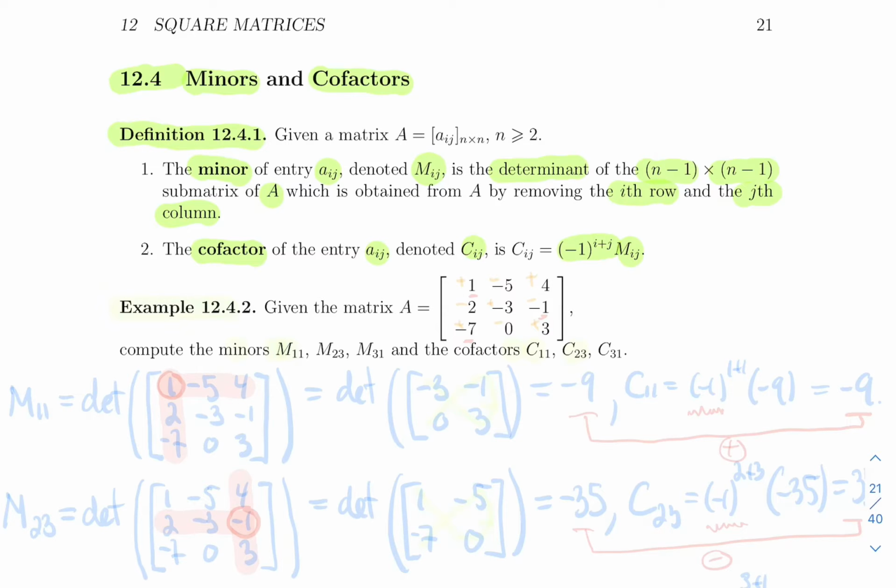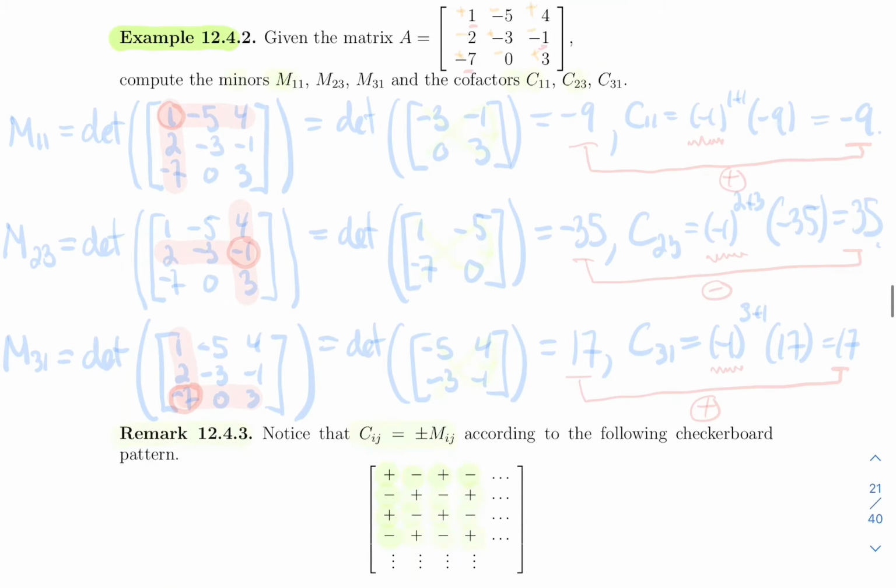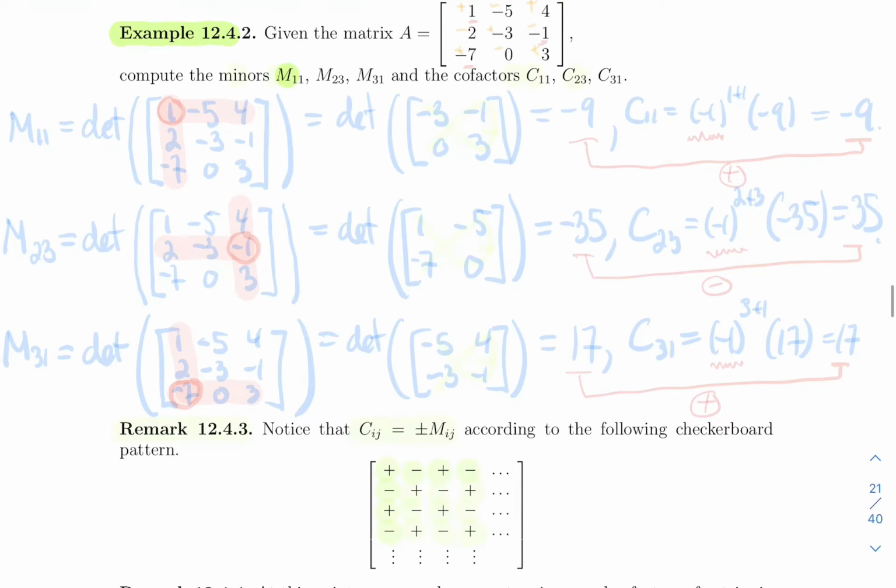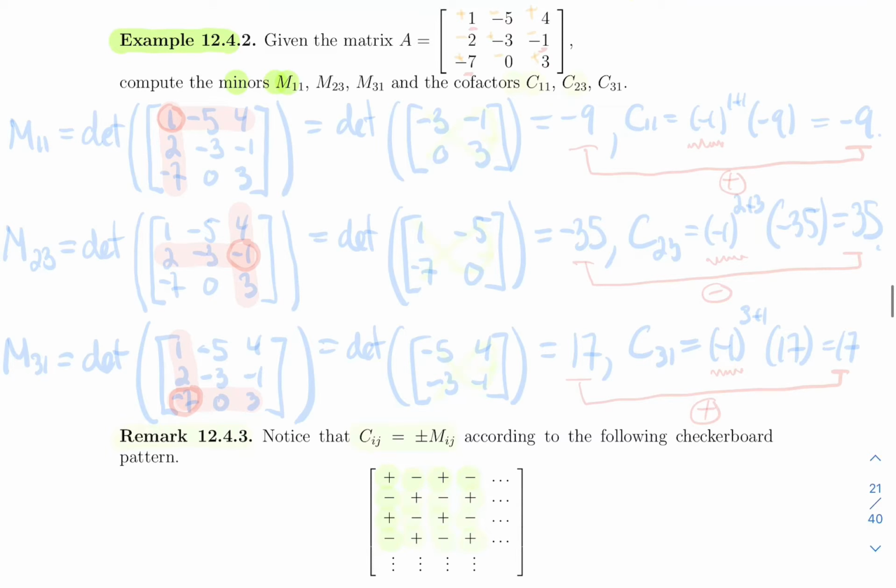So let's do some examples. So we have this matrix A, and we want to compute the minor M11, the minor M23, and the minor M31, and their corresponding cofactors. So let's do them in pairs.